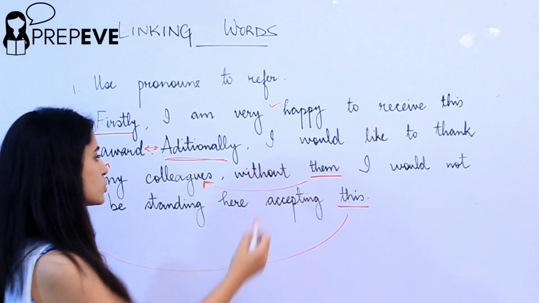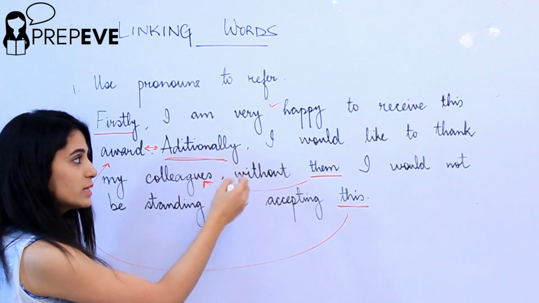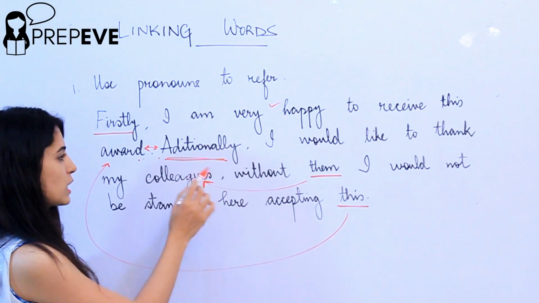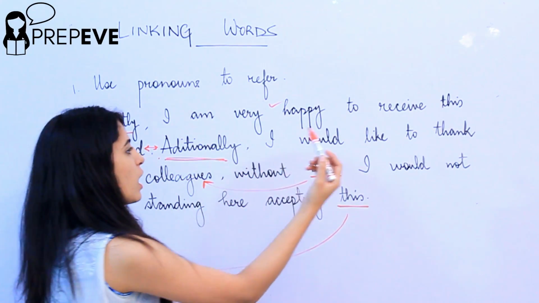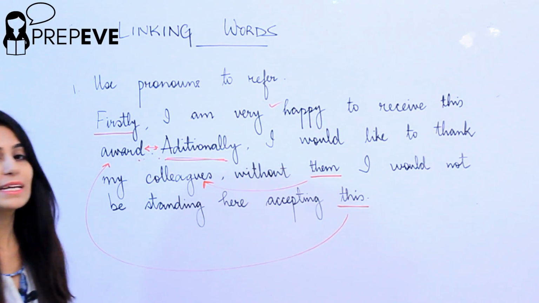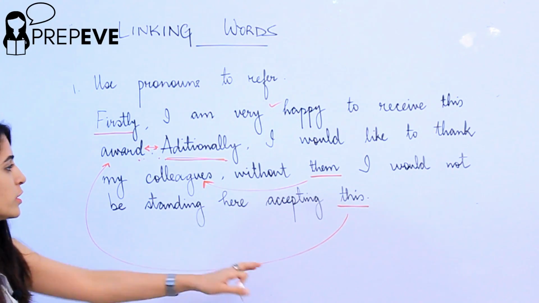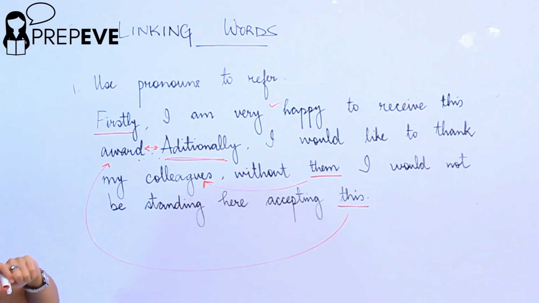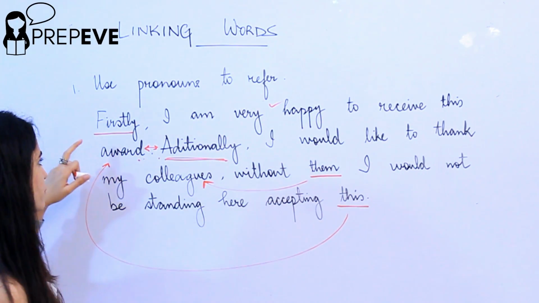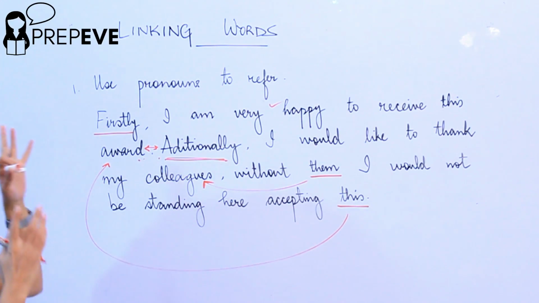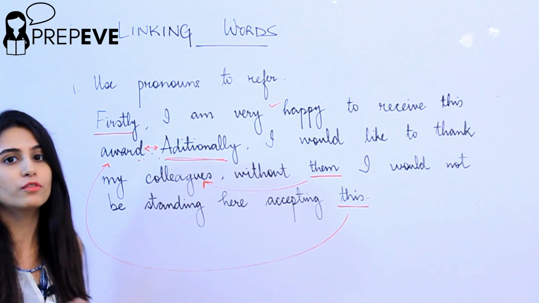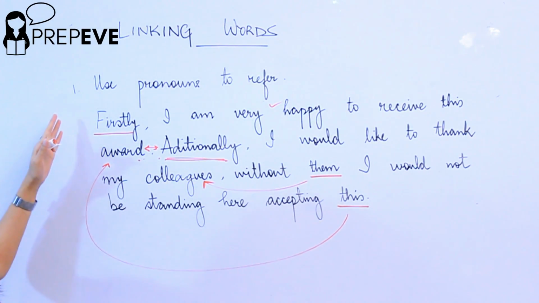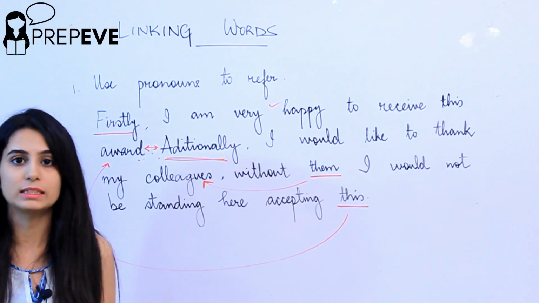Without them, so here yet again there is a connection within the sentence. This was inter sentence, now it is within the sentence. I would not be standing here accepting this, and this refers to obviously the award, which yet again refers to the first sentence. So this is how the cohesion of these 2 lines is increasing.